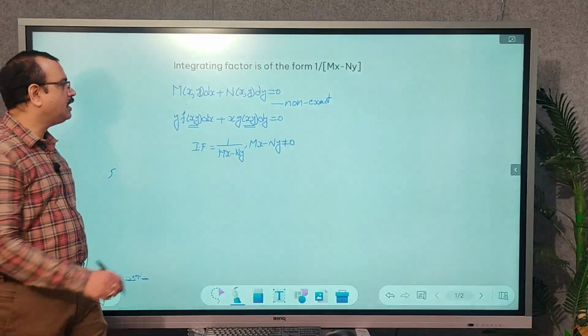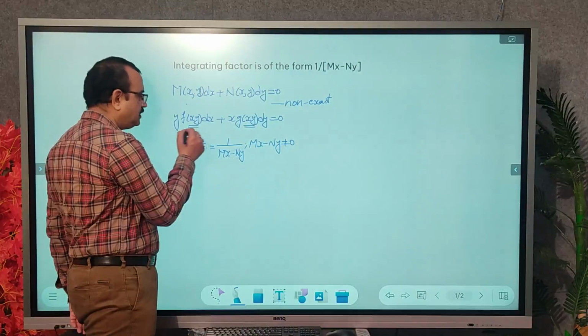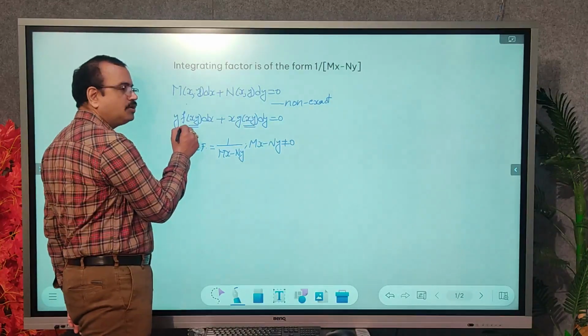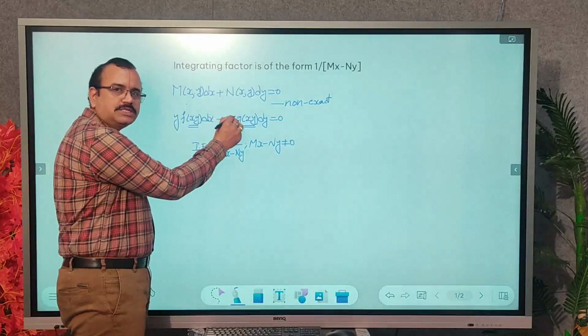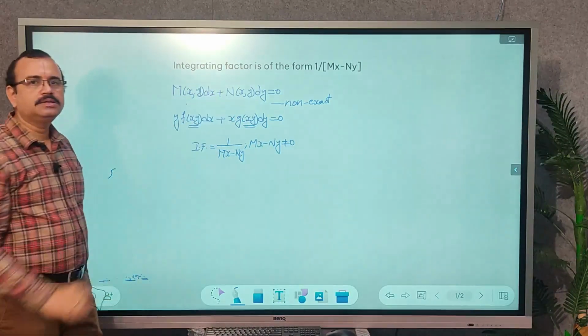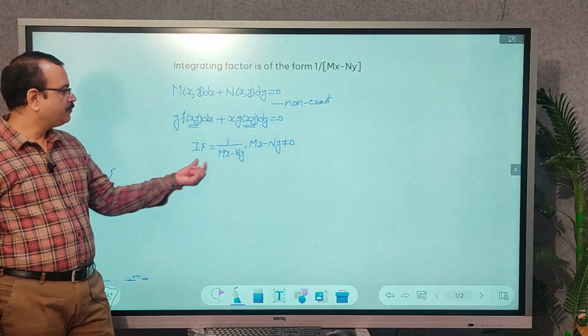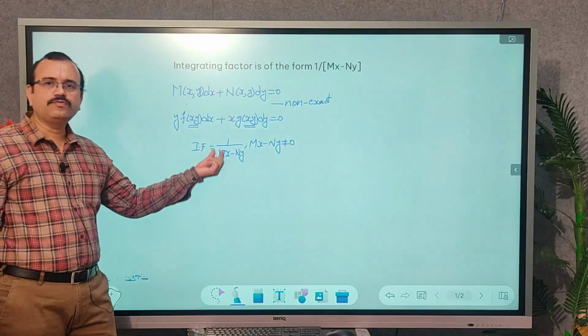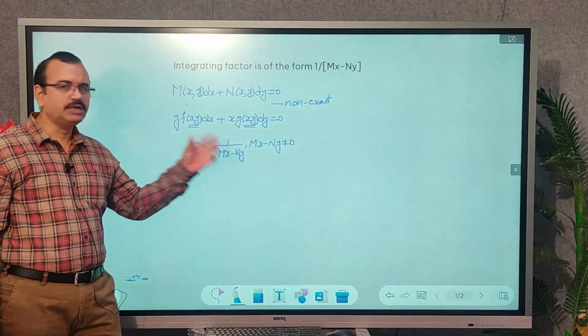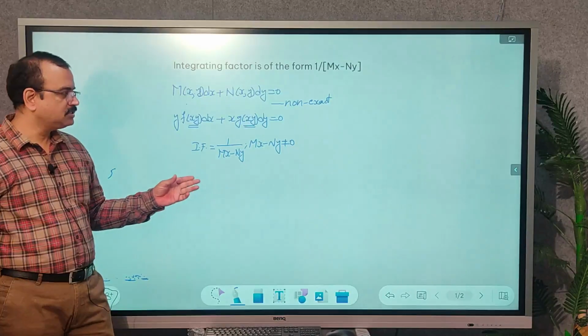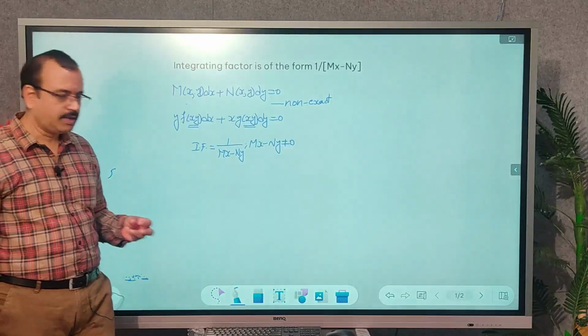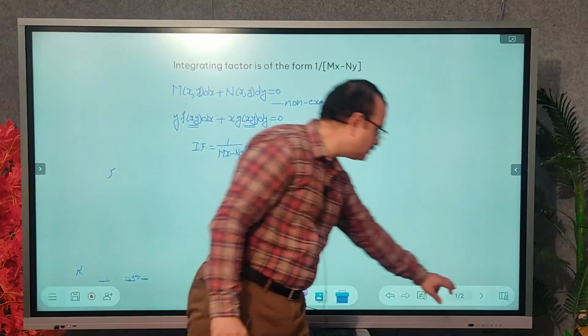So if we can identify a non-exact DE of this form, then the integrating factor is of the form 1 by Mx minus Ny. We will discuss this with the help of one example.